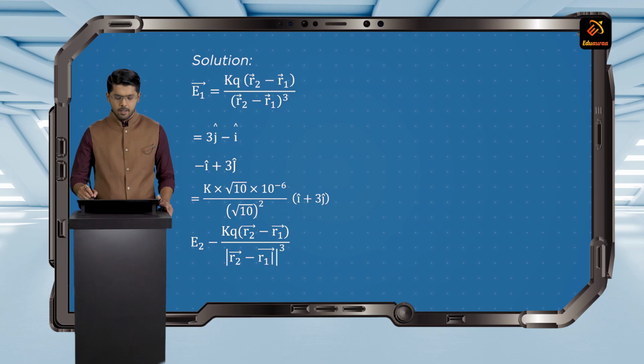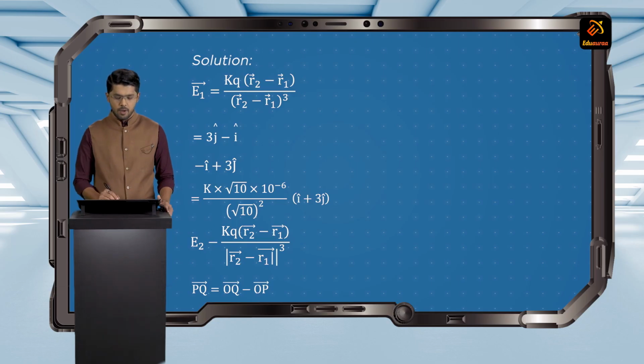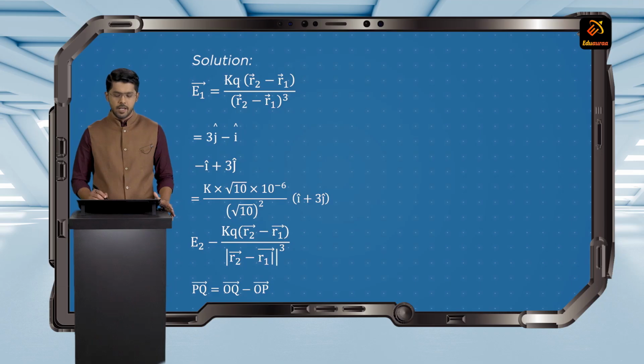Going by the definition of vectors, vector PQ can be written as OQ vector minus OP vector. In this case, OQ is R2 and OP is R1. OQ vector can be written as simply 4 i cap because it's situated at x equals 4, and OP vector as plus 3 j cap. So it comes out to be 4 i cap minus 3 j cap.